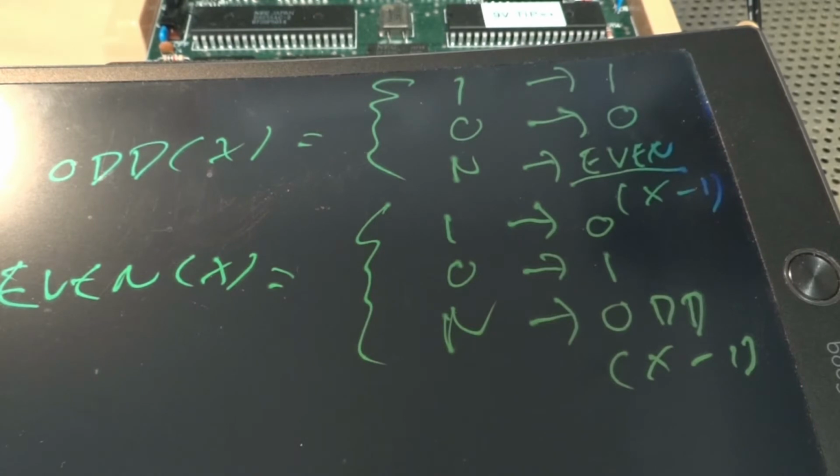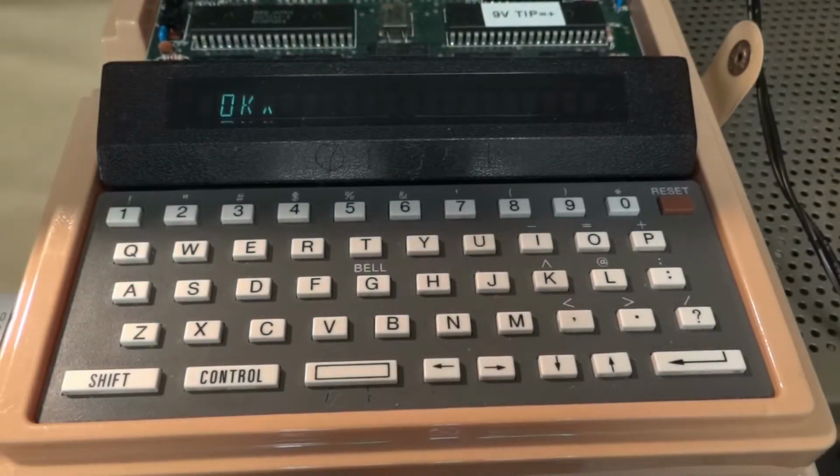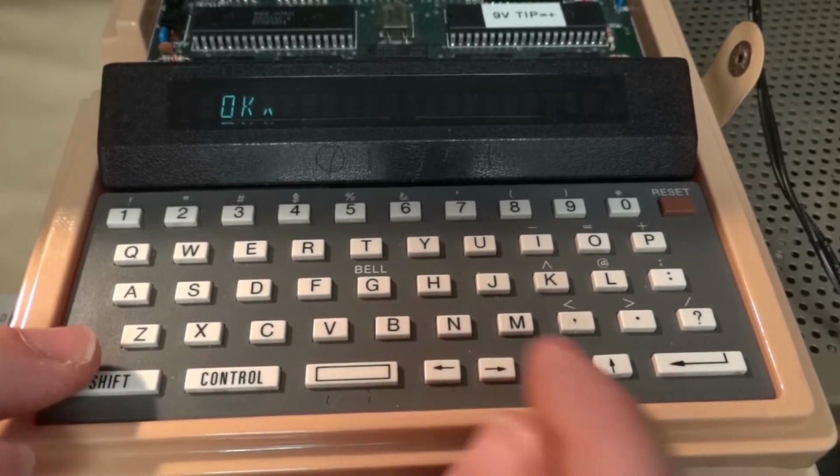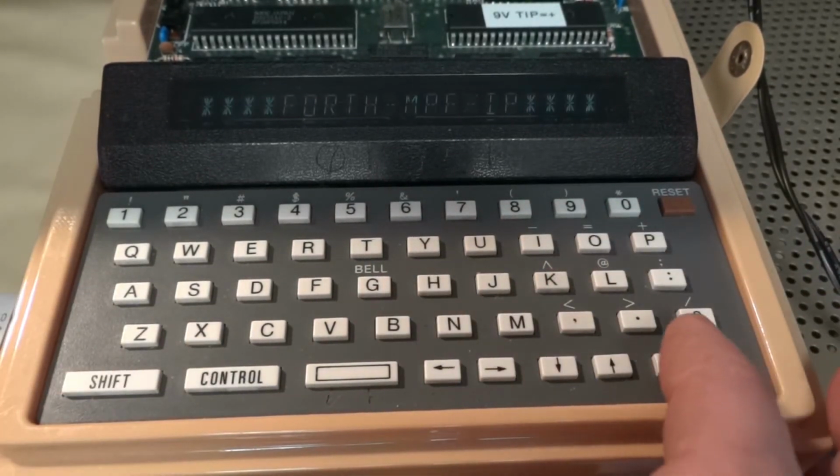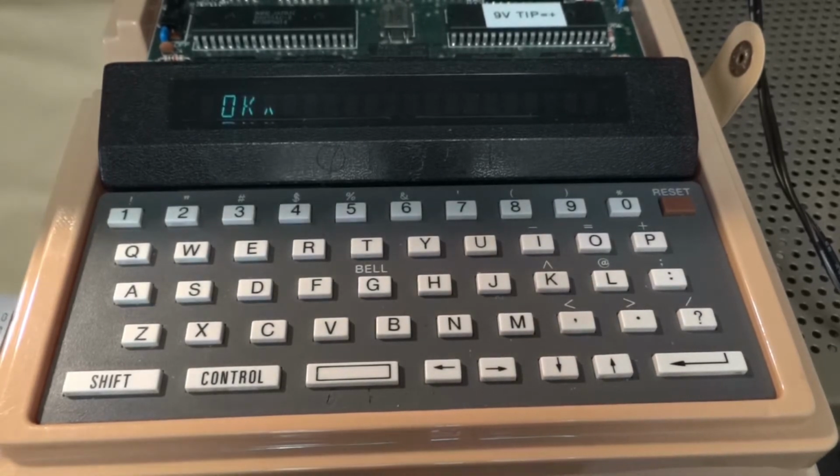And so first let me demonstrate now how to implement vectored execution, the basic version, over variables, and then we are going to extend the compiler such that we can write odd and even. So the basic idea of vectored execution is very simple, right? Let me first clear this, cold start the Forth, so we have a clean slate.